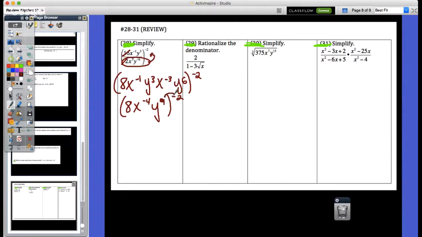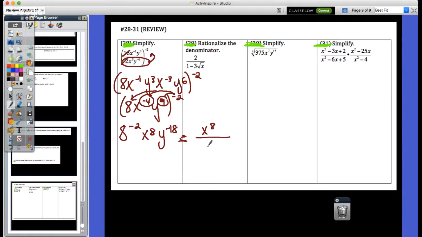One thing we note is that once the negative 2 gets distributed, a power to a power gets distributed there to where x would be to the positive 8, y would be to the negative 18th, and 8, this is where it gets a little tricky. You can't forget about the 8. 8 is going to be the negative second. Okay, so if I were to simplify this, really all the negatives go on the bottom, positives stay at the top.